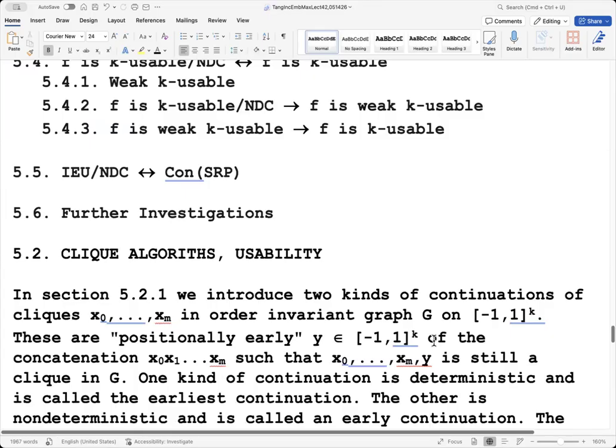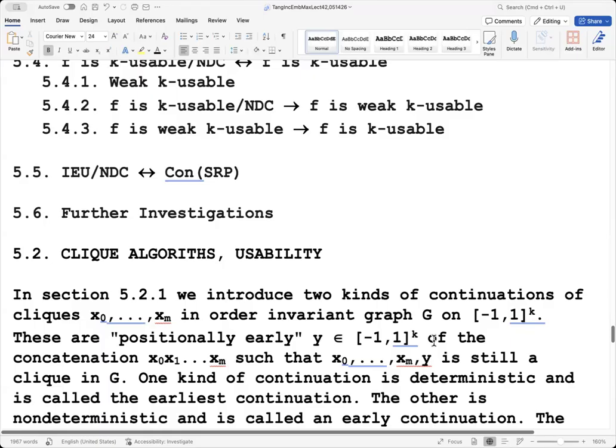So the highlight is that IEU in this algorithmic form is also equivalent to a con SRP. I don't know what further investigations look like in the context of chapter 5.